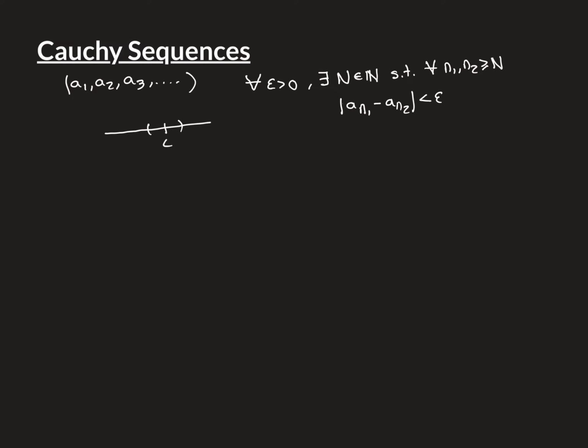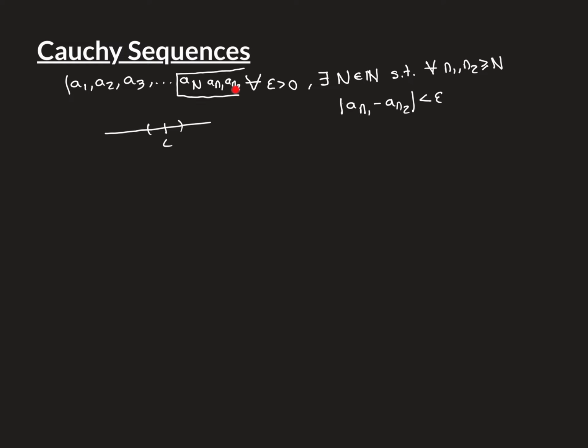Instead, we're saying that no matter how close you want to be, given any epsilon, I can find a point in this sequence. So let's rub this out so that we can write some stuff there. I have to find a big N such that if you take any two terms that are beyond that big AN, so in that tail end of the sequence, so we have here AN1 and AN2.